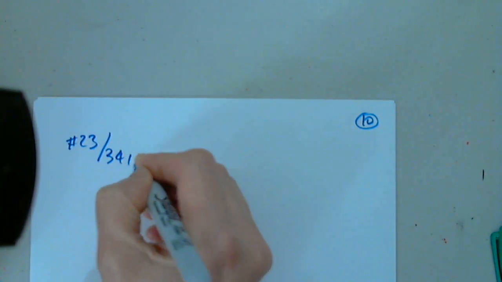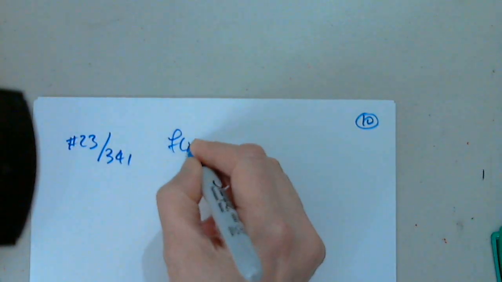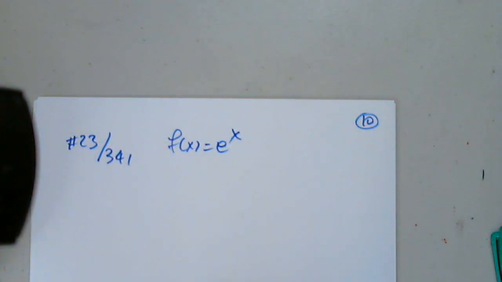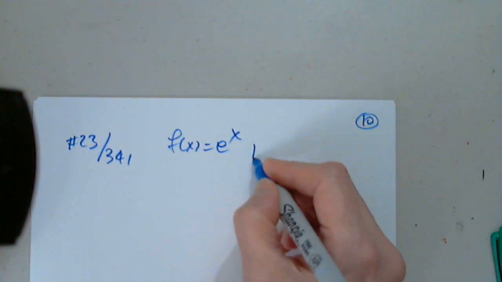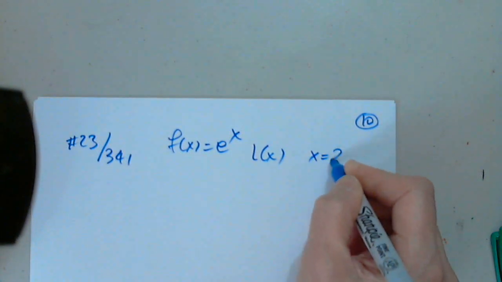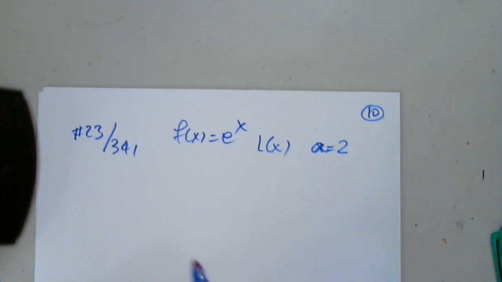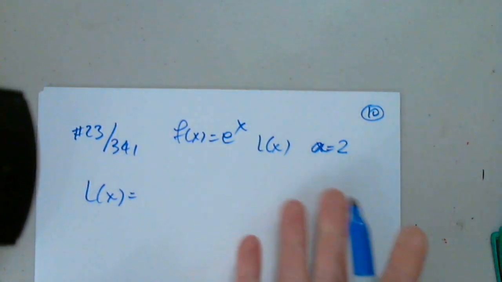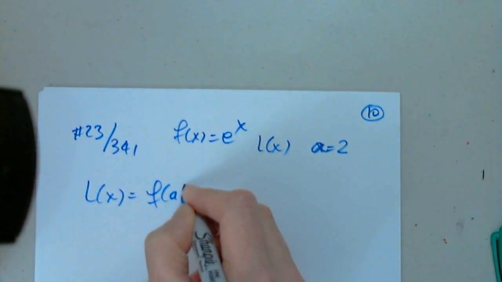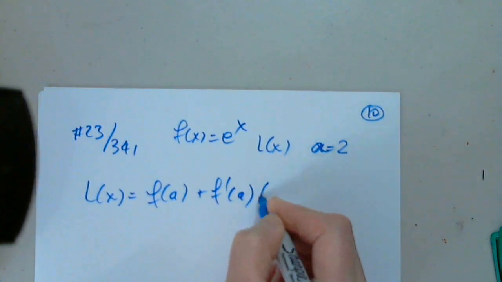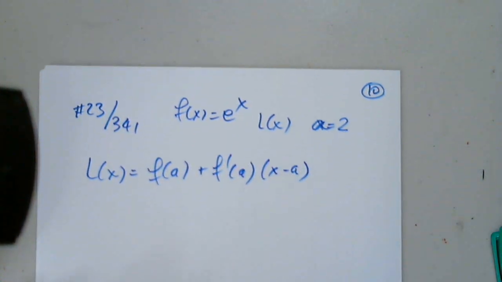So we have in 23 on 341, we have f of x equals e to the x. And they're saying find L of x when a equals 2. Okay. We have to remember what this is. It's the same formula, right? So it's f of a plus f prime of a, x minus a.